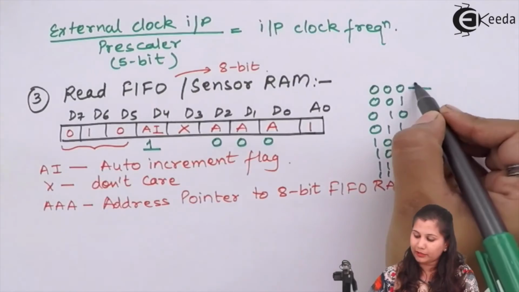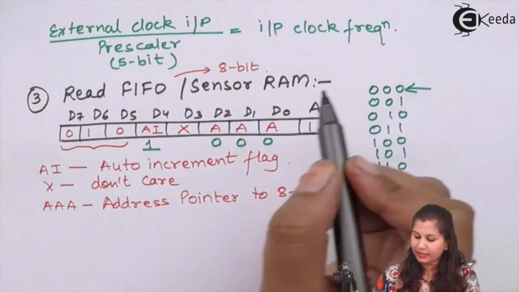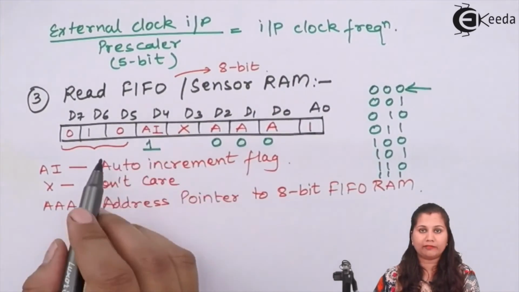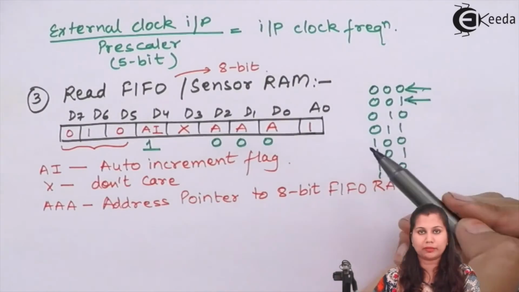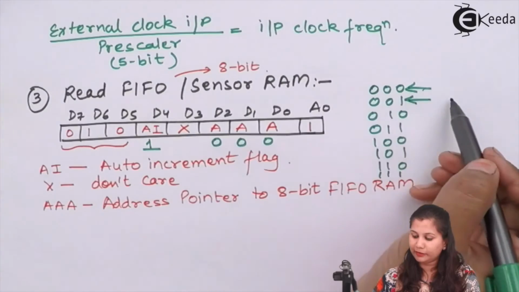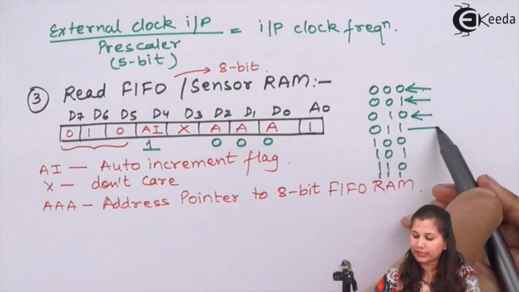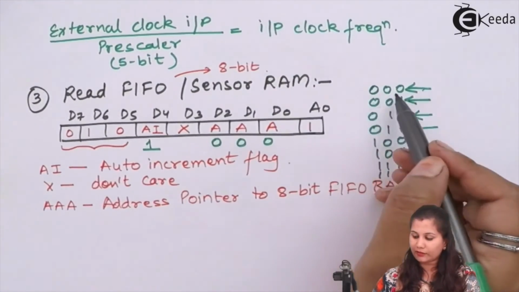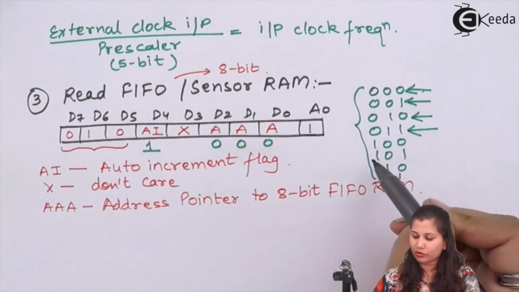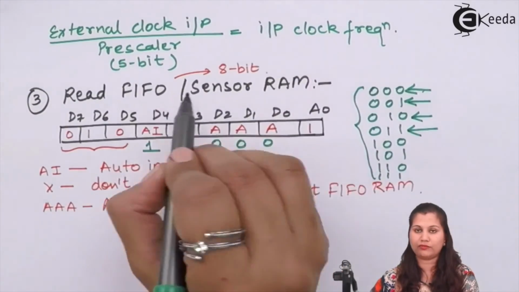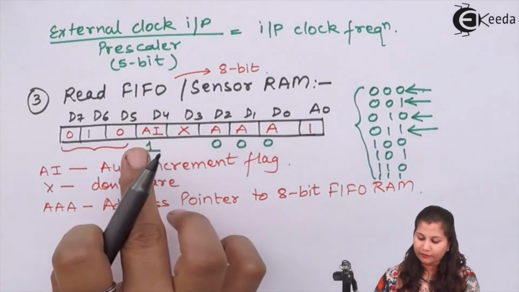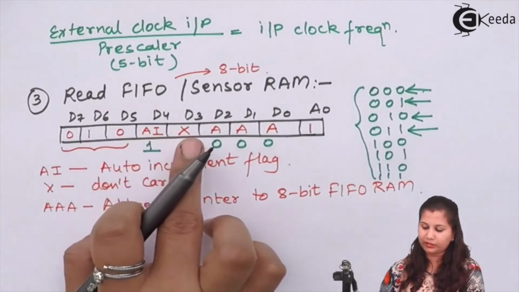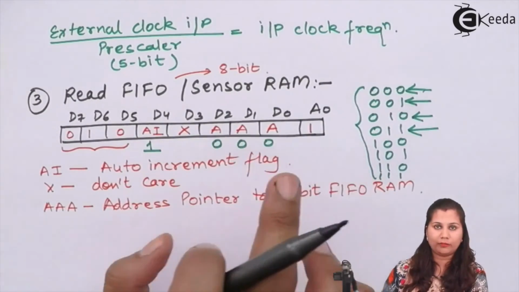So first this memory location will be read, then it will check that the auto increment flag is 1, so automatically it will increment to the next memory location, then this will be read, then 010, then 011. In this way all the 8 memory locations of this FIFO RAM will be read by the 8279. So this is the function of these D4, D2, D1 and D0 bits.